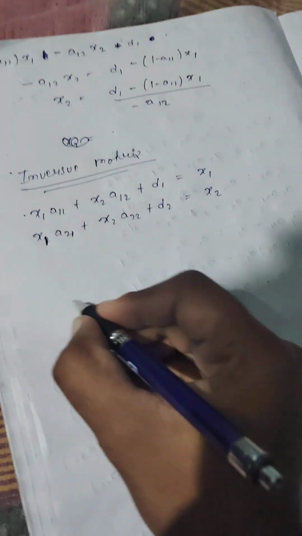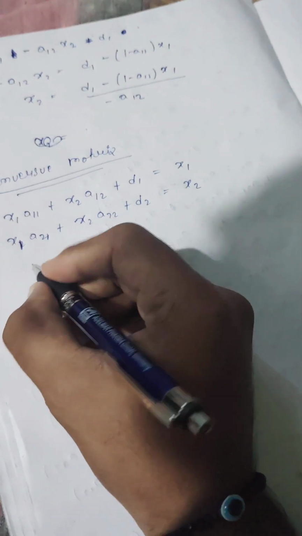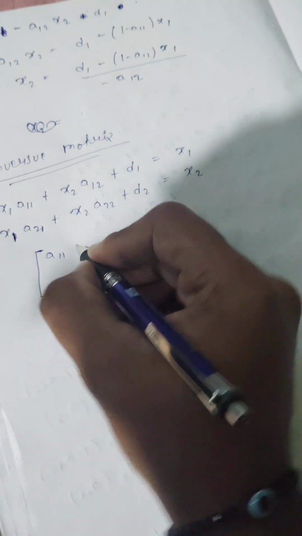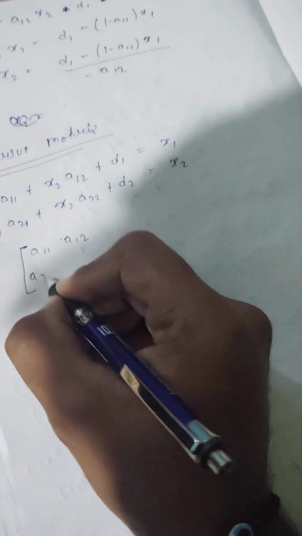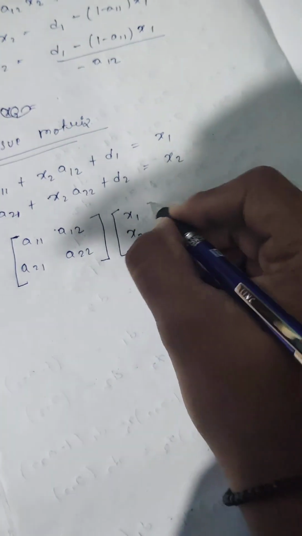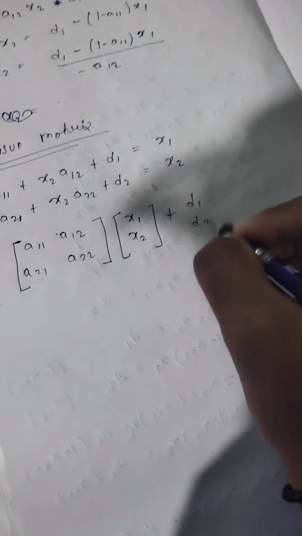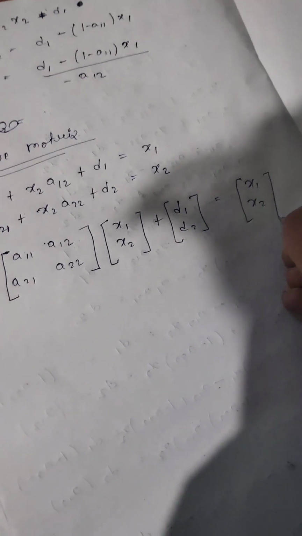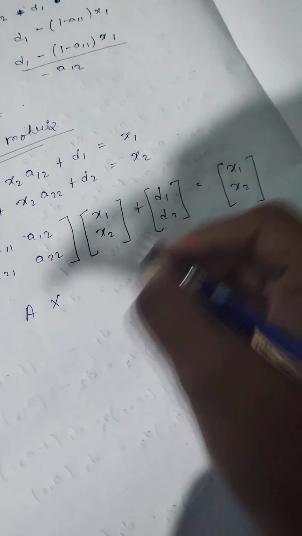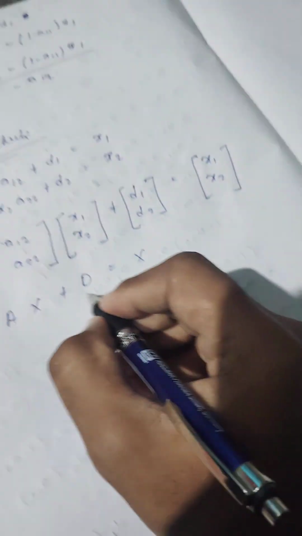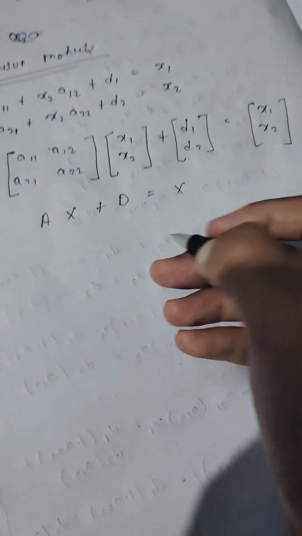Write this equation in matrix format. So how can we write it? We can write this as the matrix A11 A12 A21 A22 multiplied by X1 and X2, plus D1 and D2, will be equal to X1 and X2. Suppose this matrix is A, this is X, this is D. So AX plus D is equal to X.